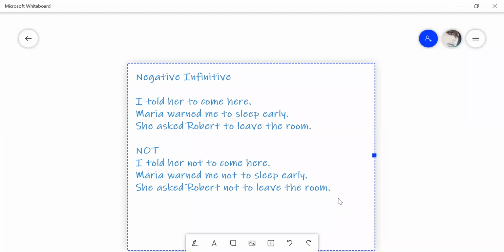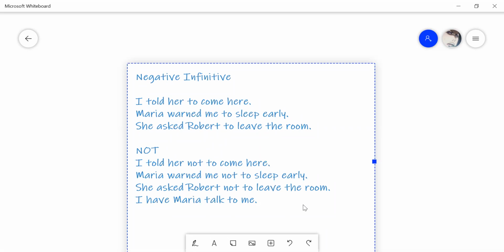Now, what about if the sentence doesn't have the particle? For example, I have Maria talk to my brother, or talk to me. Imagine that Maria is my enemy, but I convinced her to talk to me again. So I have Maria talk to me.